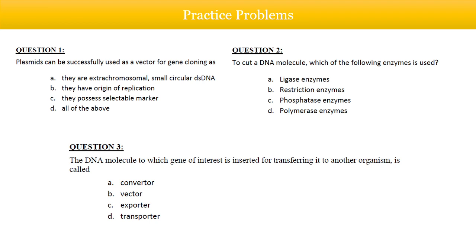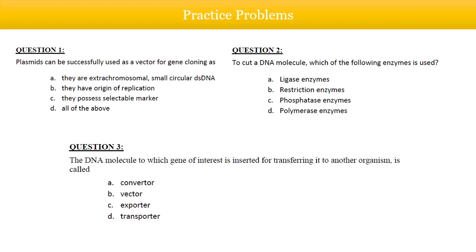Okay, so the first question says that plasmids can be successfully used as vector for gene cloning as. So what are the options given? One is that they are extrachromosomal, small circular double-stranded DNA. They have origin of replication. They possess selectable marker.